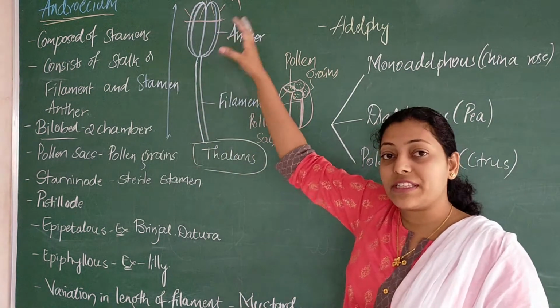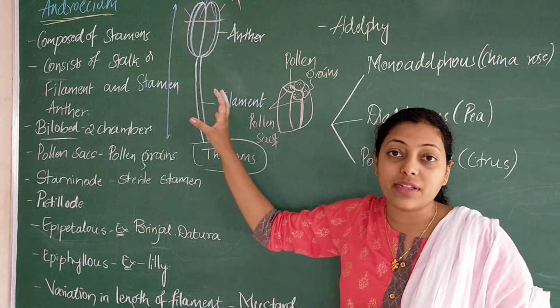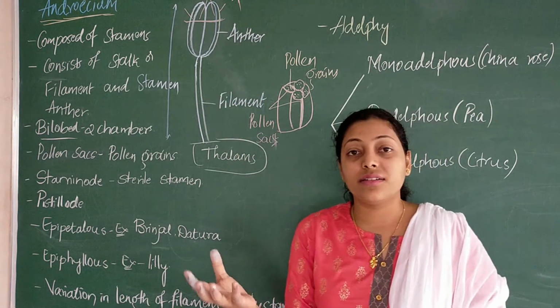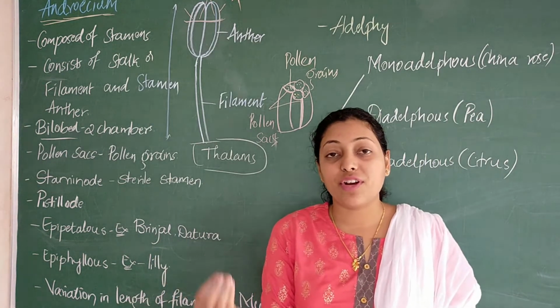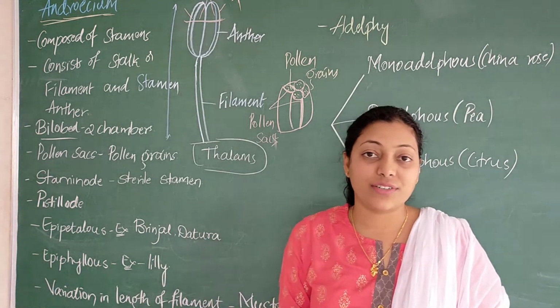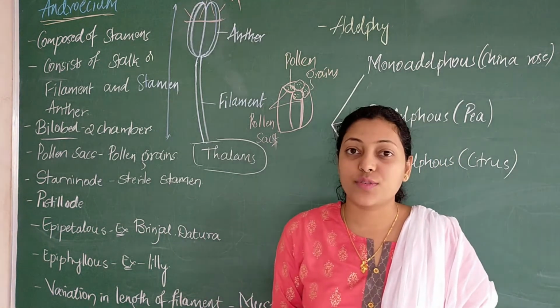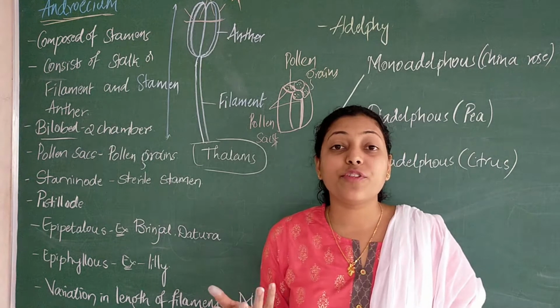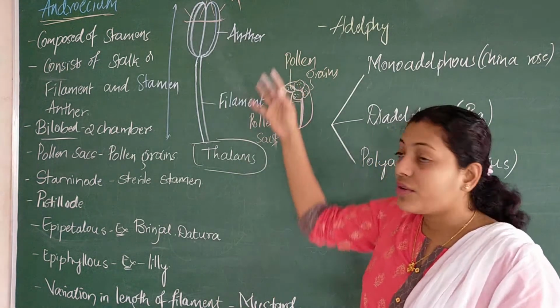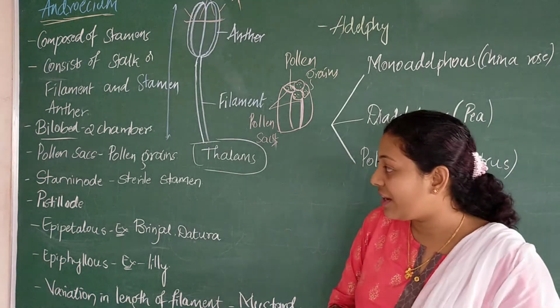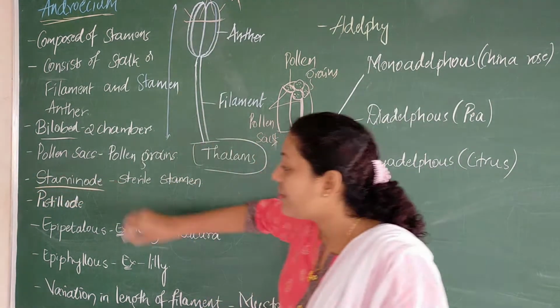If there are stamens which are not able to reproduce, it is a bad thing for a flower because it cannot undergo fertilization. Even if fertilization takes place, it is not successful and all the energy has been wasted. That's why those stamens which are sterile are called staminode.